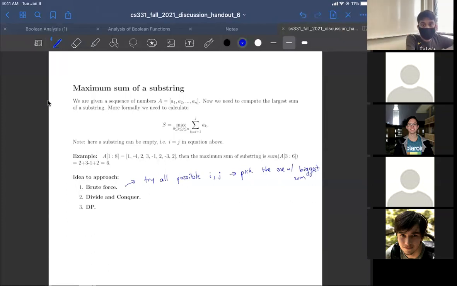So the question here is, one, how many different i and j are there? And for each i and j, how long does it take to calculate the sum? So how many different possible choices are there for i and j?